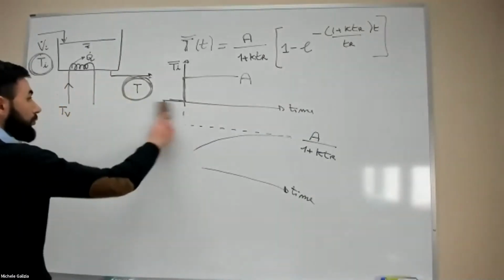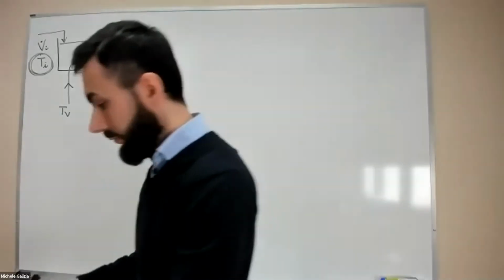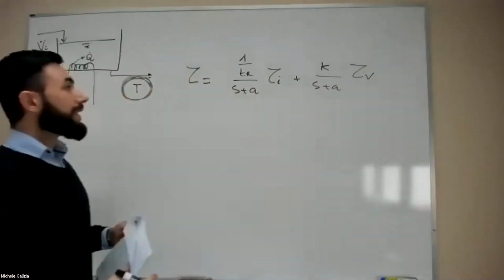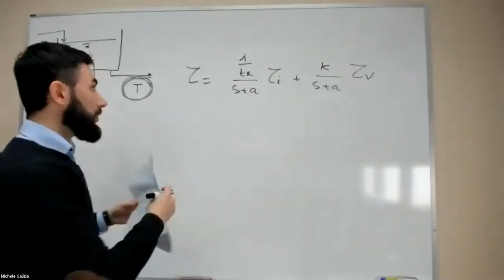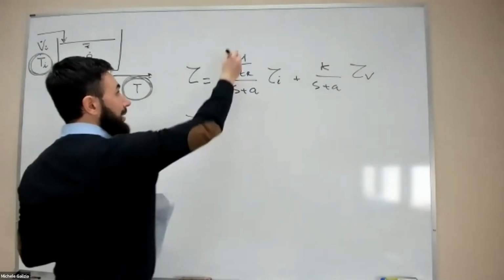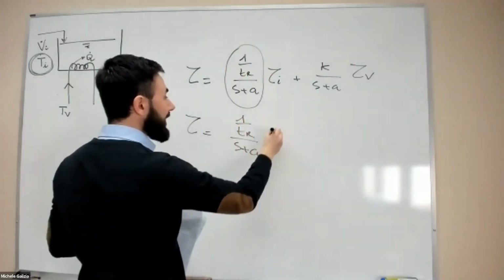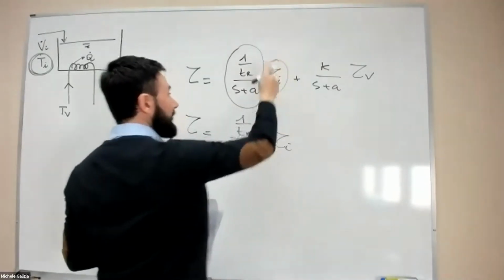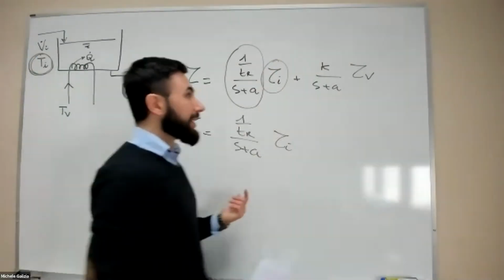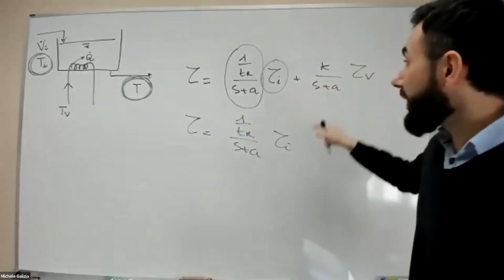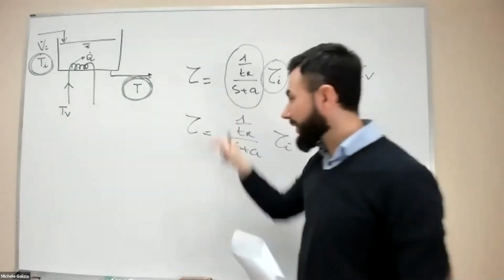Okay, so just to stress on this, if there is a disturbance in the inlet temperature, the response of the system will be simply the corresponding transfer function times the Laplace transform of the disturbance in the inlet temperature. If the question is, there is a disturbance in the vapor temperature, what is the response of the system temperature?